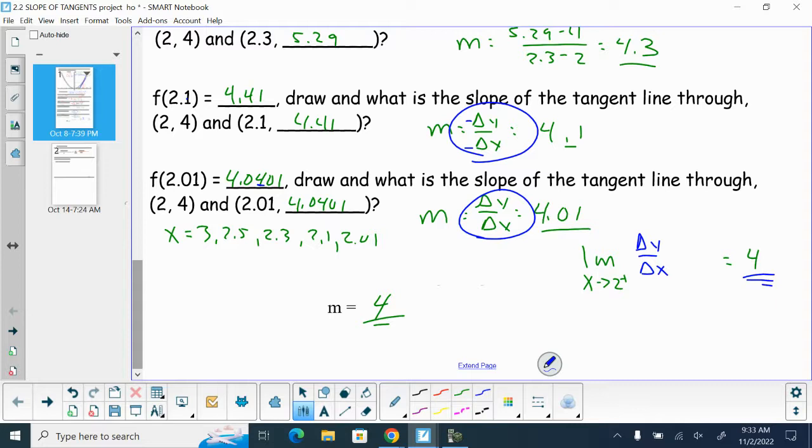Well, let's take a look at what delta y and delta x were. We have f of x2 minus f of x1 over x2 minus x1. We are looking at the limit as x2 approaches x1 of f of x2 minus f of x1 over x2 minus x1, but this x1 was the value that we are approaching.